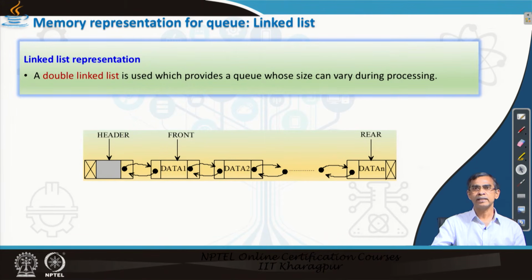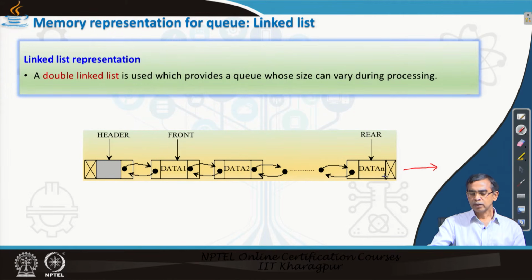Now the question is whether to use a single linked list or a double linked list. The idea is that a double linked list should be followed to maintain a queue, because both the pointers front and rear should move in both directions. For example, whenever you want to add, you go on adding to the list in this direction.